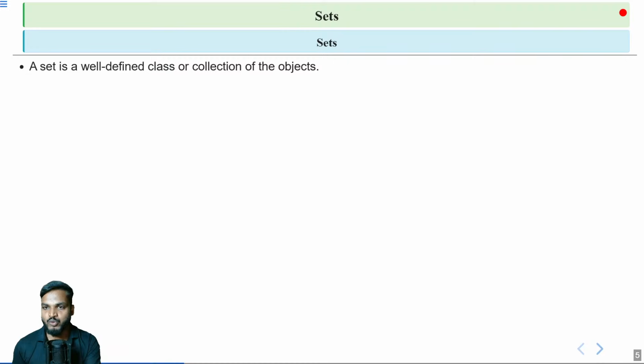For example, if you ask about your 3 favorite IPL teams, there will be confusion because the answer varies from person to person. But if I ask how many vowels are in the English alphabet, then the answer is A, E, I, O, U, because these are the vowels in the English alphabet, and this is a well-defined collection because everyone's answer will be the same. So a collection must be well-defined, then it is called a set.